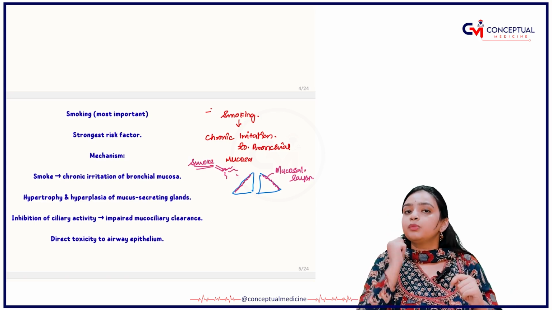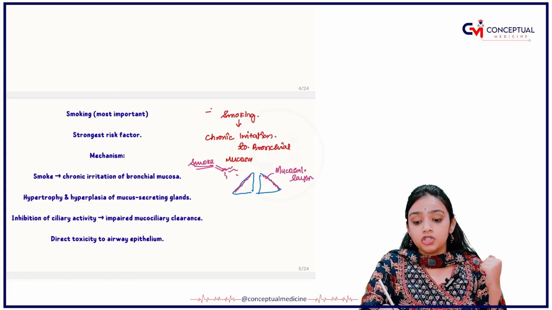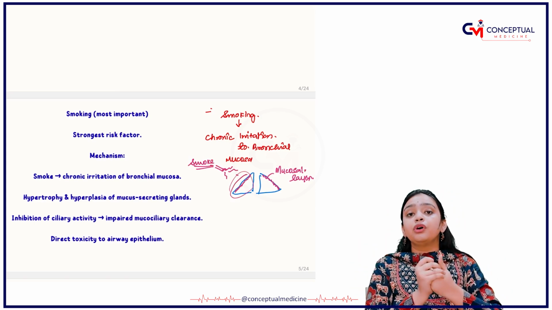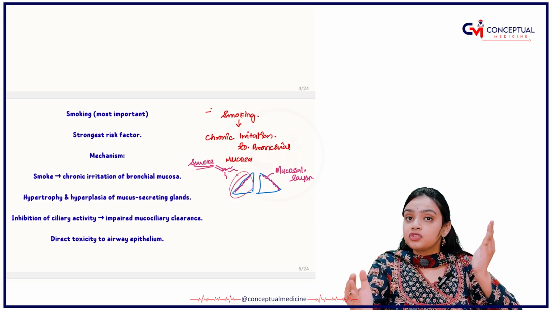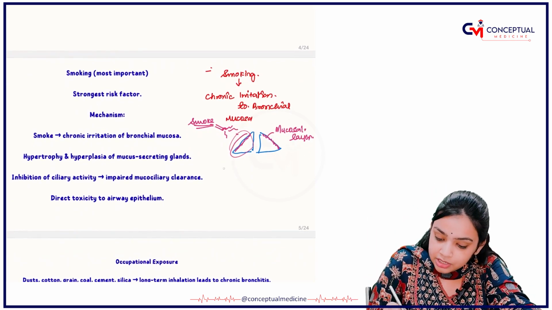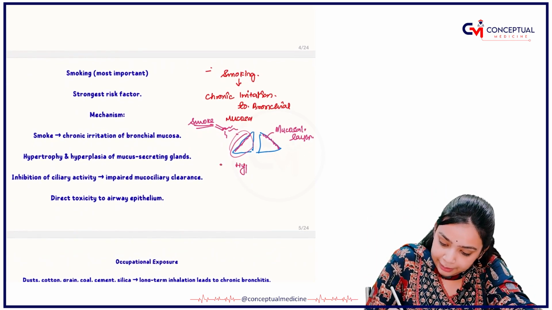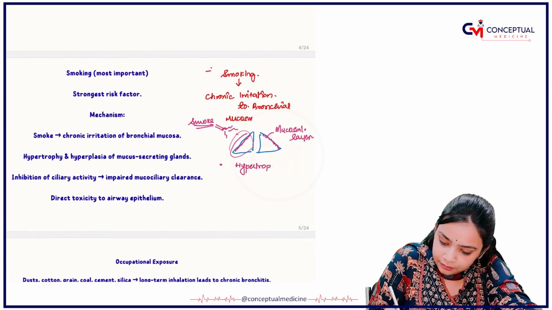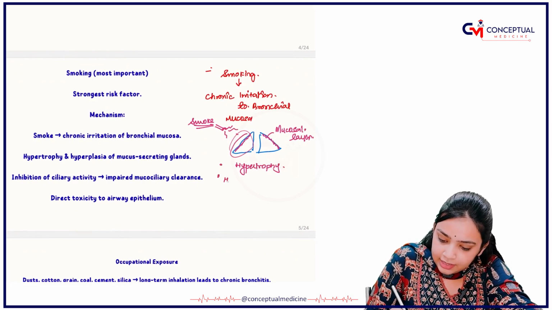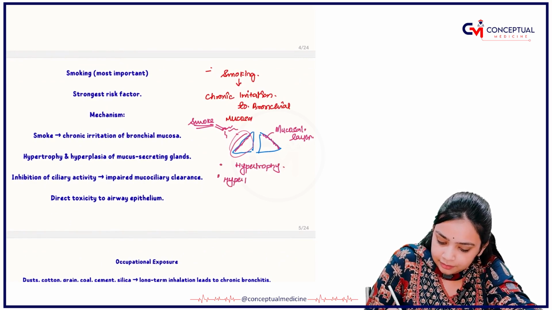When the person smokes a cigarette, this lining of your lung gets disrupted, okay? As a result of which, there is hypertrophy and there is hyperplasia.